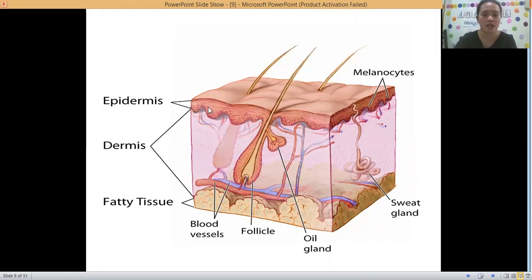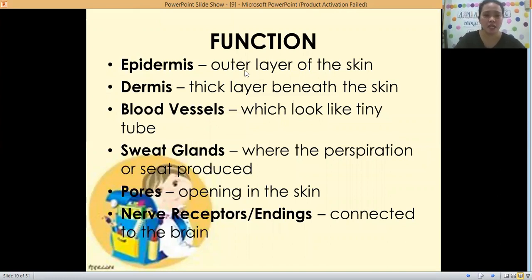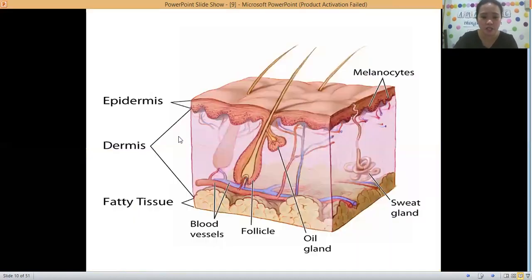Now, for our skin, this is the dermis, the outer layer. The dermis, the thicker part layer beneath the skin. Epidermis, the outer layer of the skin. The blood vessels, which look like tiny tubes there.